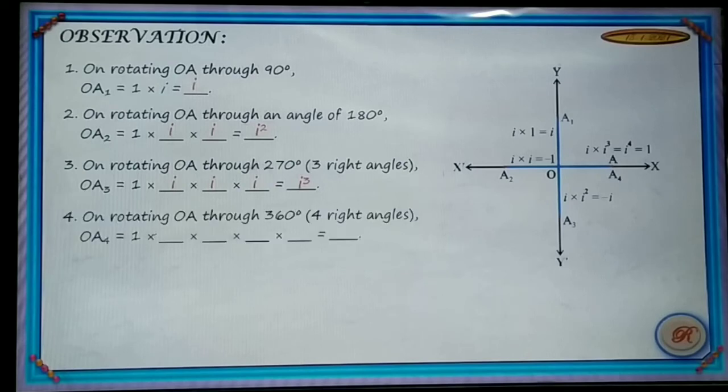Fourth one, on rotating OA through 360 degrees, that is 4 right angles, OA4 is equal to 1 into i into i into i into i is equal to i raised to the power 4.